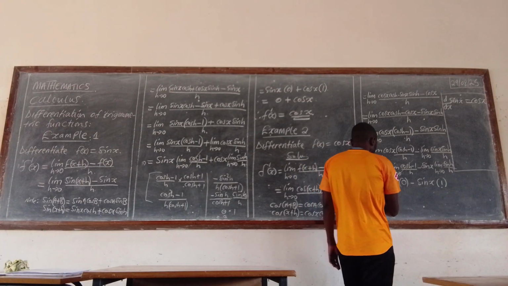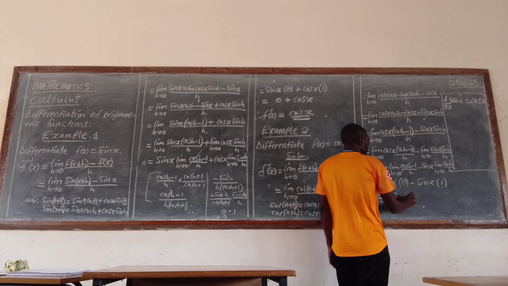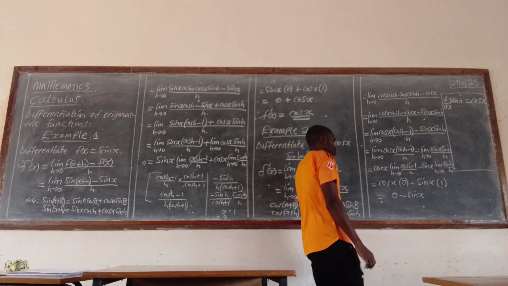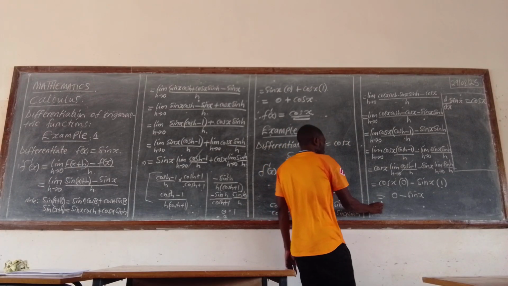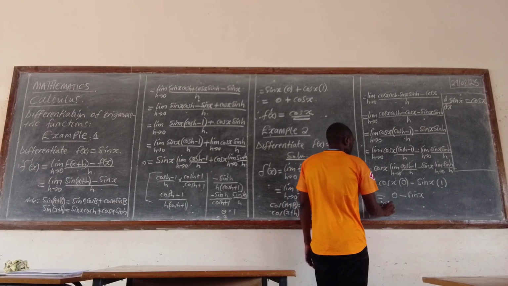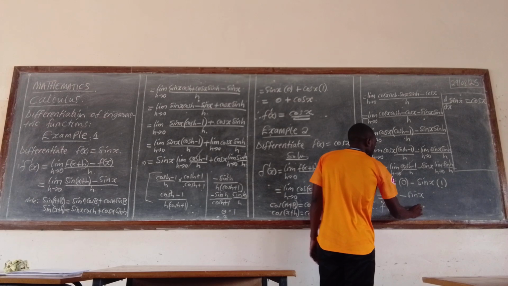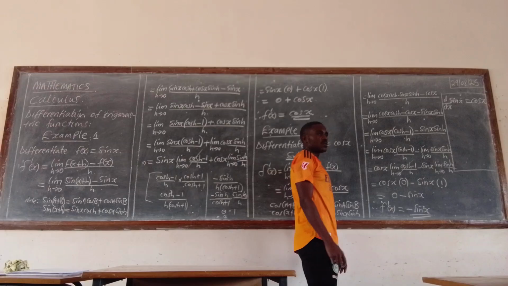Having this, we get 0 minus sin x. Sin x multiplied by 1 is simply sin x. Therefore, f prime of x gives us negative sin x.